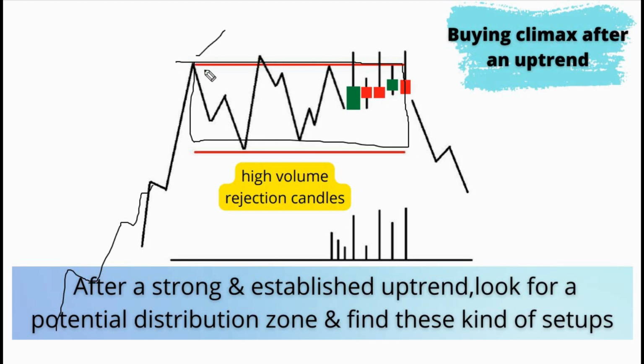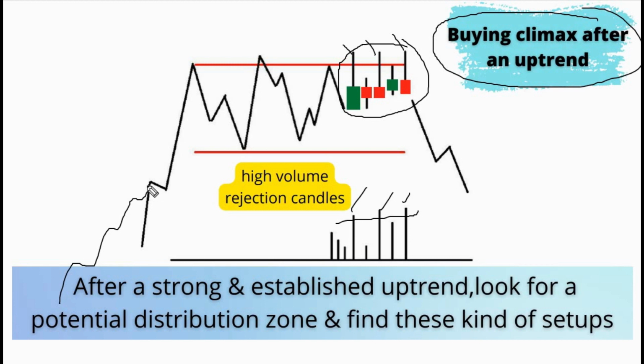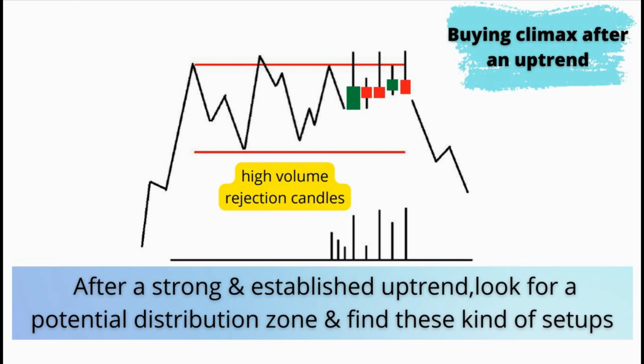Okay, here prices are getting sold off. It means sellers are present at this price area. And then we saw this kind of high volume rejection candles. The volumes are increasing with rejection of the higher prices. So this could be a buying climax after a strong and established uptrend, and now we should look for potential sell setups. Okay, so I hope you understand what I am saying.